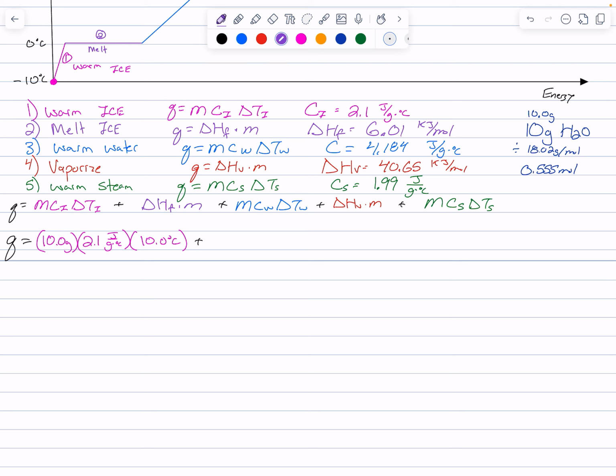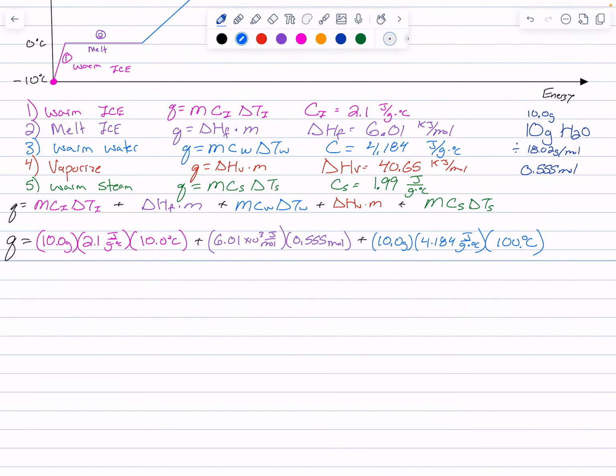So now then, the next term, melting the ice, 6.01. I'm going to put times 10 to the third joules per mole, right? Because that's kilojoules per mole. All right, and times 0.555 moles. Plus 10 grams of water, 4.184 joules per gram degrees Celsius. And it goes 100 degrees Celsius, doesn't it? All right? Again, we're assuming 3 sig figs.